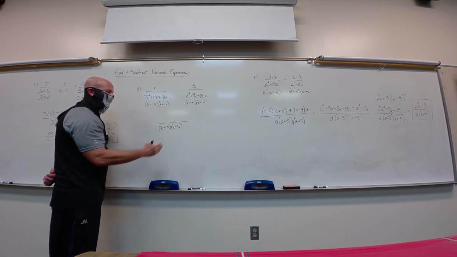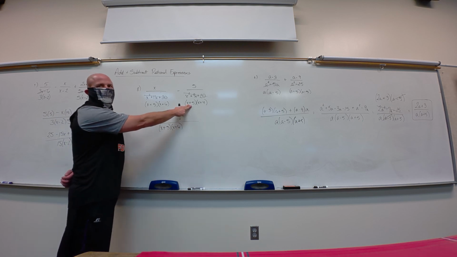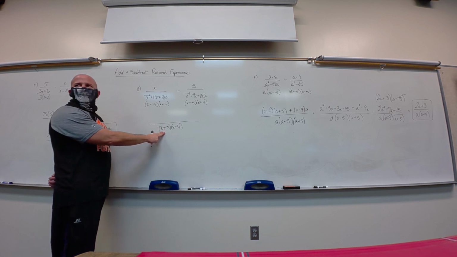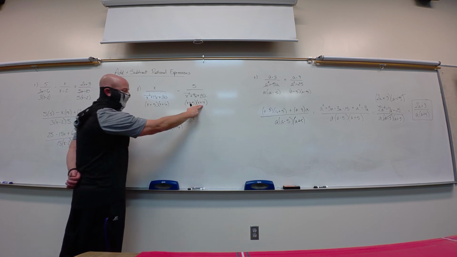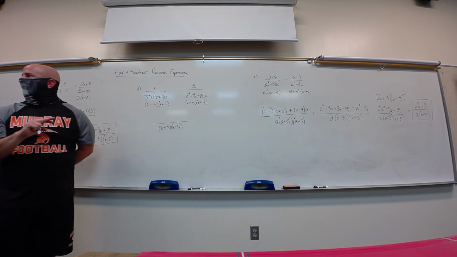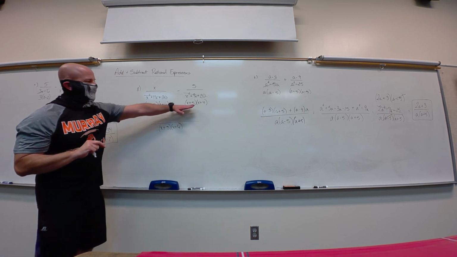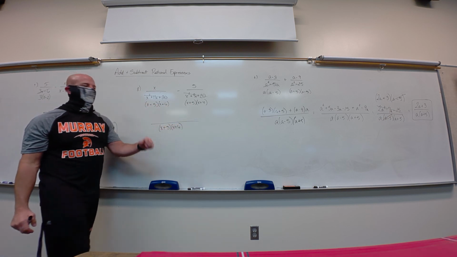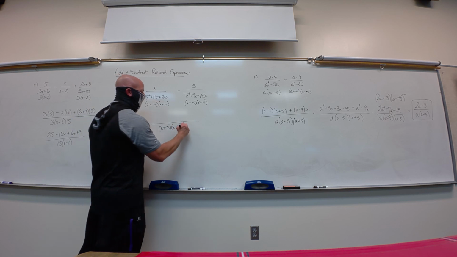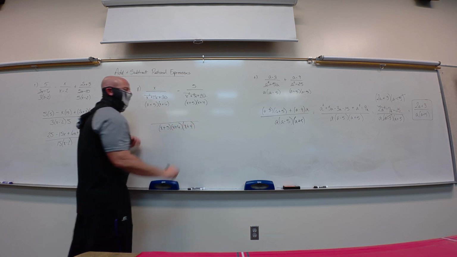Now I go to the right. Do I need the x plus 5? No, already got it, right? Good. I do need the x plus 4, though. I don't have it down there. Let me get that guy down there. There's my common.